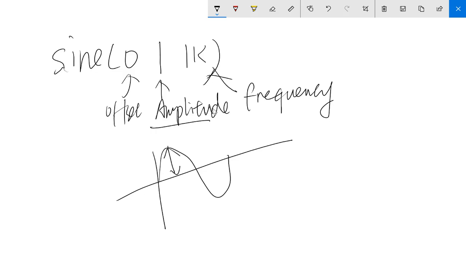If I put a 1 here, which means the peak to peak is going to be 2, not 1. Keep in mind, if you want to have a peak to peak voltage to be 2, you need to put a 1 here. Okay? If you have a 2 here, your peak to peak will be 4.